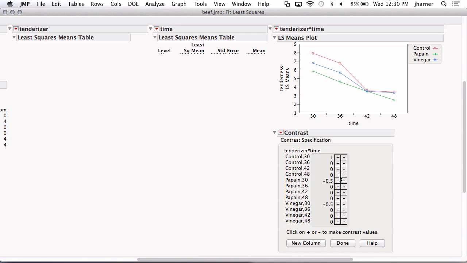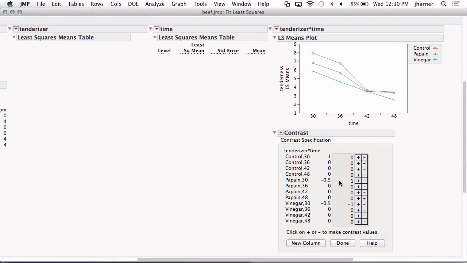And then if I did a second contrast, I would have to do a new column. And then I could do plus, minus.